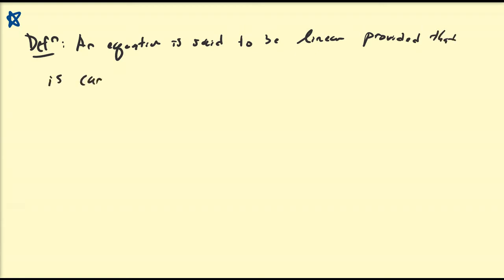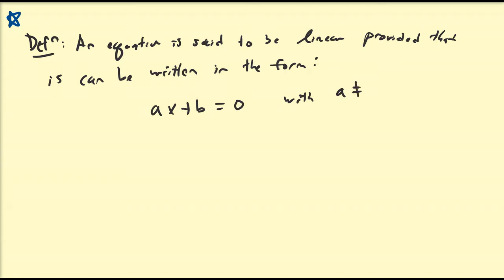So an equation is said to be linear provided that it can be written in the form ax plus b is equal to 0 with a not being equal to 0.